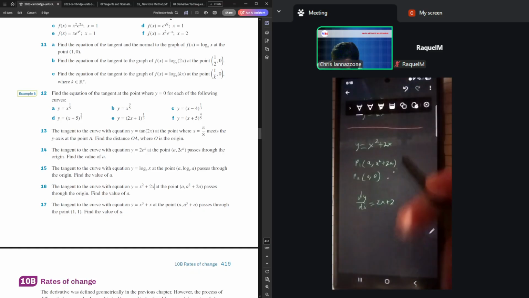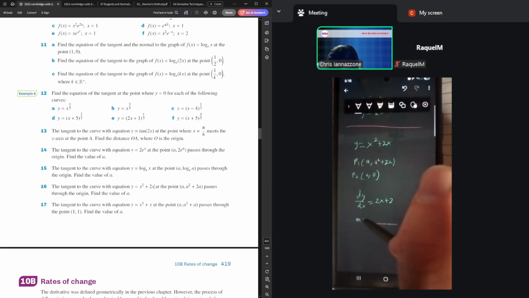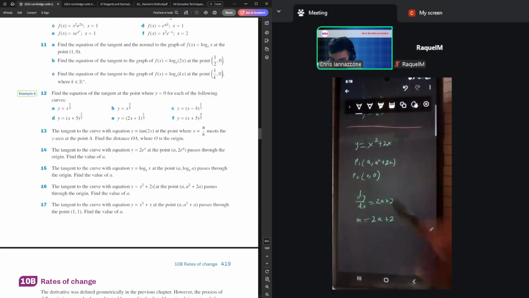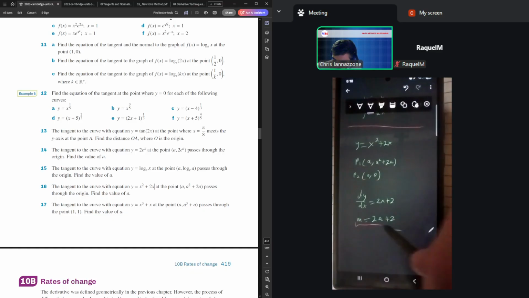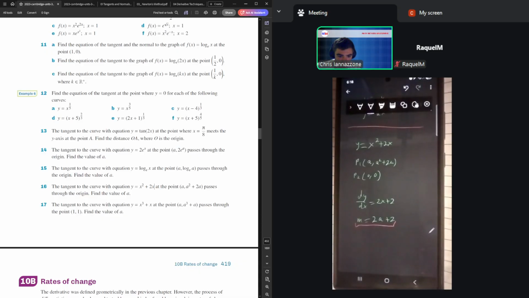Rather than just having the derivative there, we actually want our m, our gradient, and nice and simple, we're just going to put in the x value for which we had that point. What we'll start realizing is that we just created an equation that now has an a in it, which is really nice to have. Cool so far? Yeah, that makes sense. Okay, awesome.